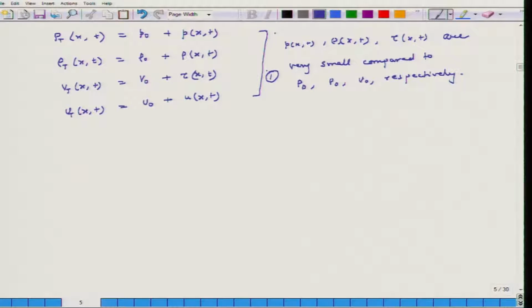This is by equation 1. And then we can say that if initially the air was at rest, then u naught was 0, so u(t) is the same as u(x,t). So this is my first set of equations.